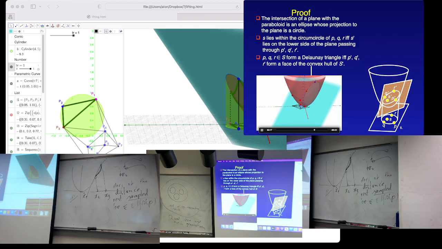The depth of a point P is the number of circles that contain P. Depth of P: inside how many circles does it live?